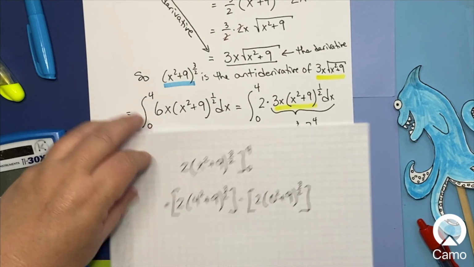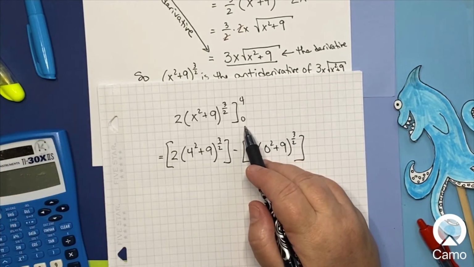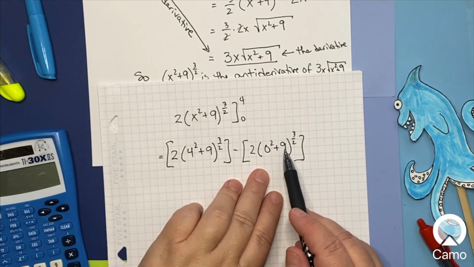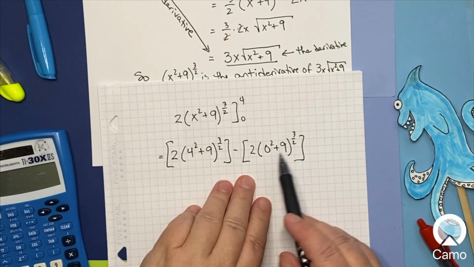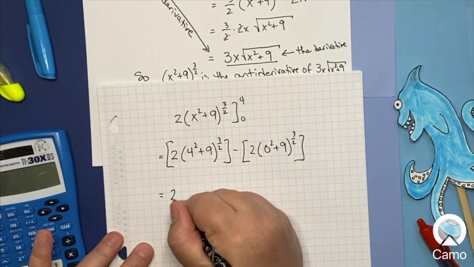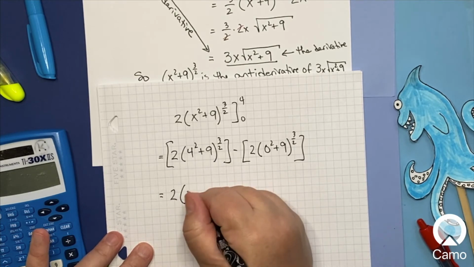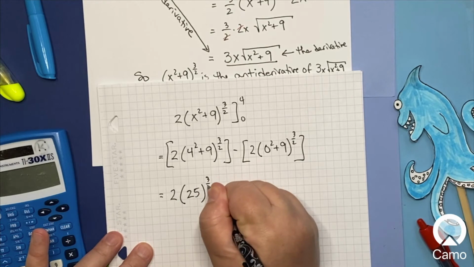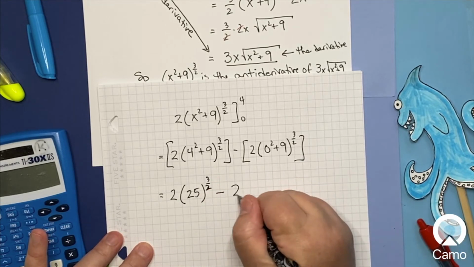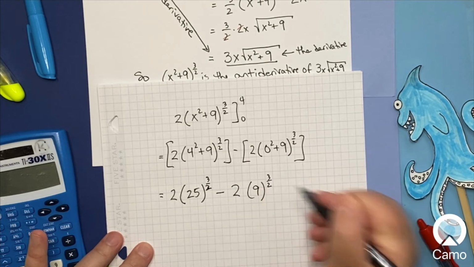Now, remember in the last problem I said don't just assume that because one of the limits is 0 that you've just got 0. In this case, because I'm adding it to 9, this doesn't just disappear. In this first case, I've got 2 times 4 squared is 16 plus 9 is 25 to the 3/2 minus 2 times 9 to the 3/2.